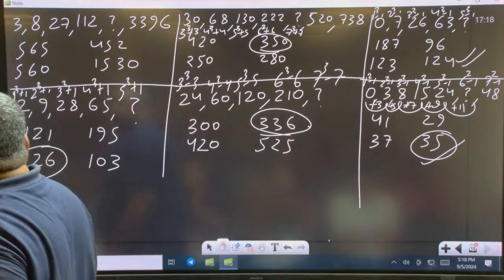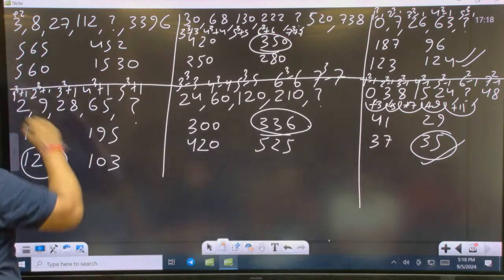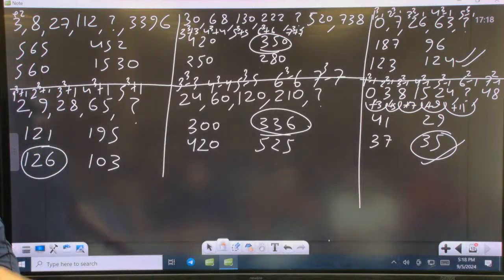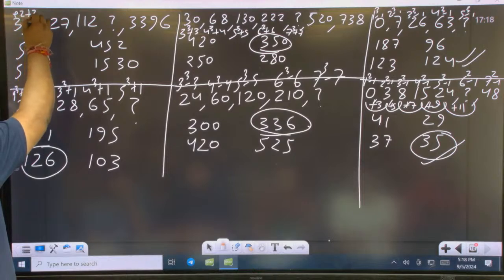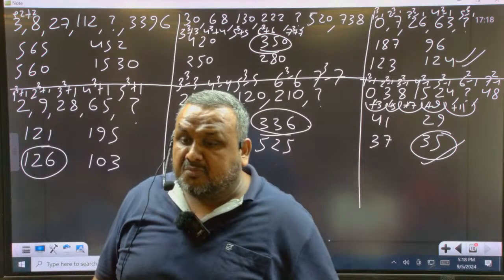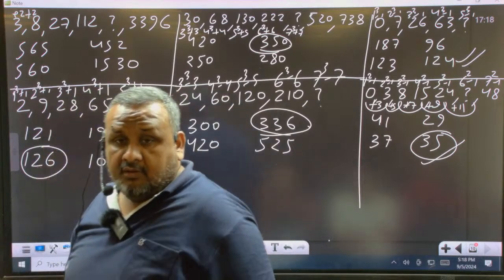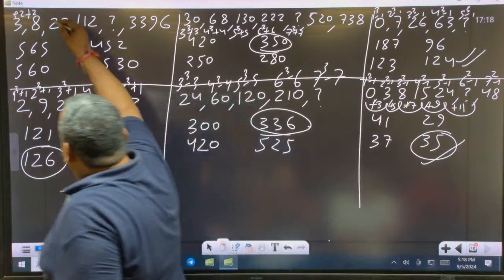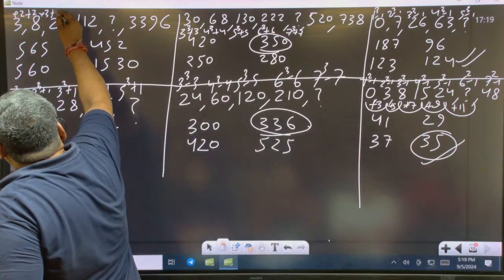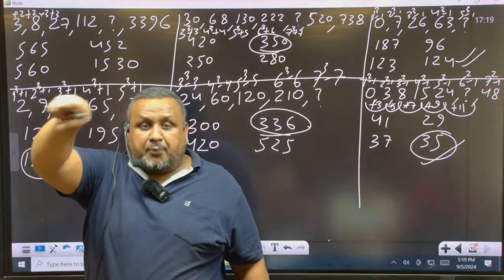Now we all know that 8 doesn't come in the table of 3. So we have to think like, look, 3 2s are 6 plus 2, 8. Yes. Now what should multiply to 8 to reach near to 27? 3. 8 3s are 24 plus 3, 27. Now we all know the process.